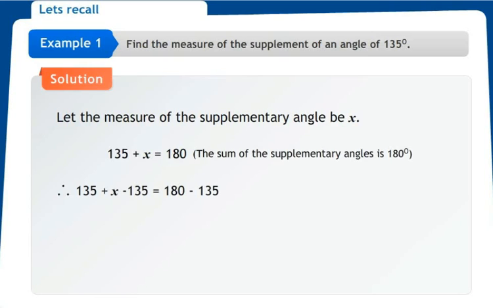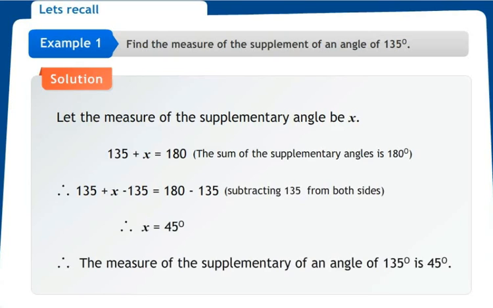Now 135 minus 135 gives you 0, so what remains is x. x is equal to 180 minus 135, which is equal to 45 degrees.